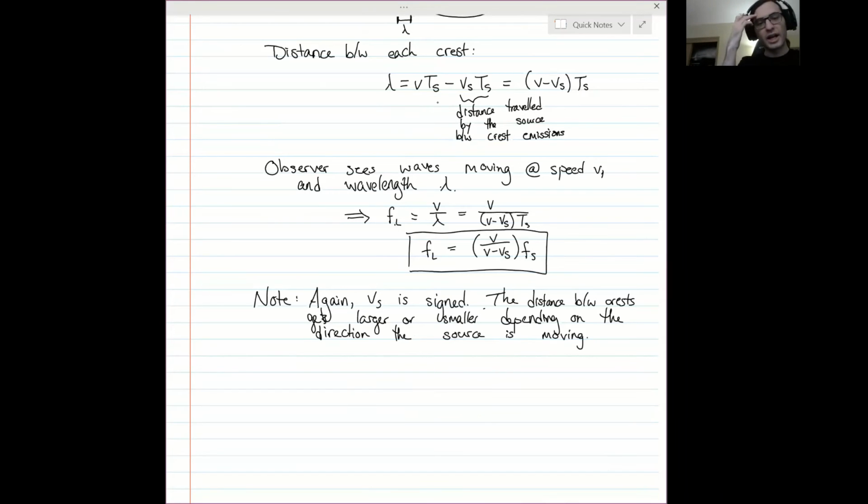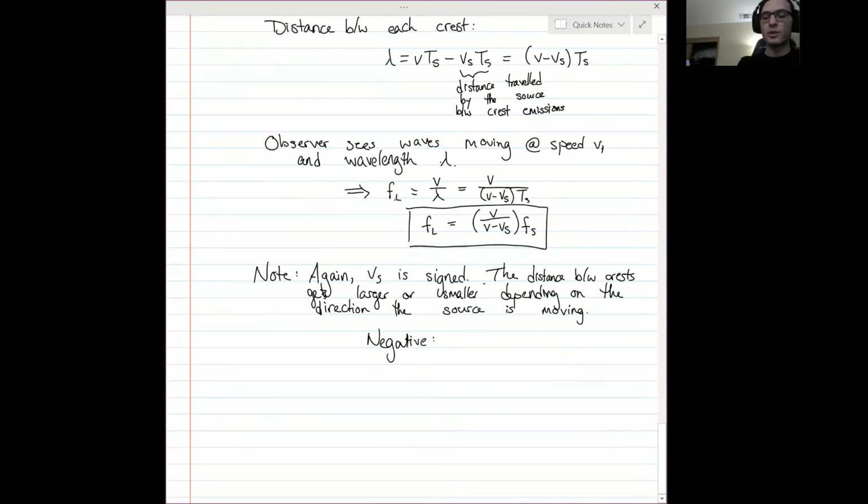So how do we account for that? Well, here we have a minus, or we get a negative sign when we have the source moving towards the listener, and a positive sign when the source moves away.